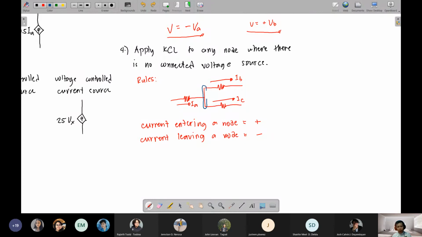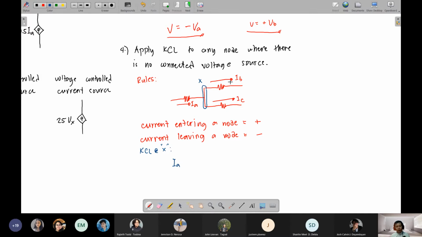Let's call this node X. If you are going to apply KCL at node X, we use the rule that current entering a node is positive and current leaving a node is negative. Our IA is about to enter node X, so IA is a current entering a node. That will be positive, so we'll have positive IA.